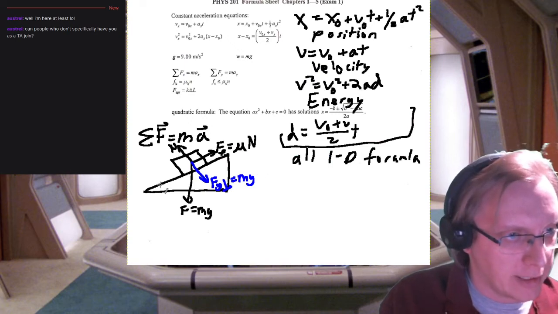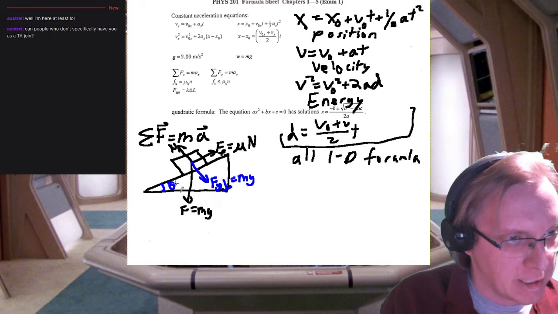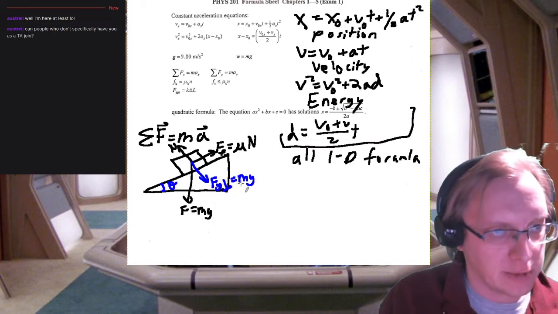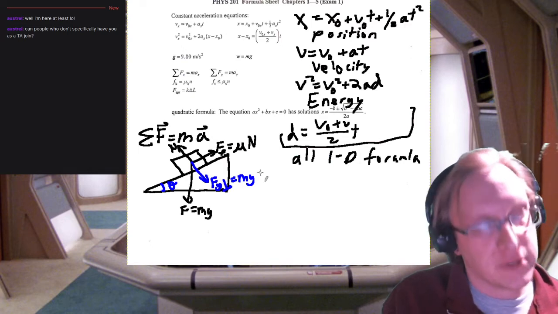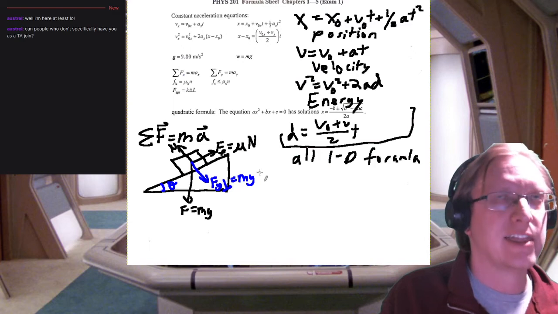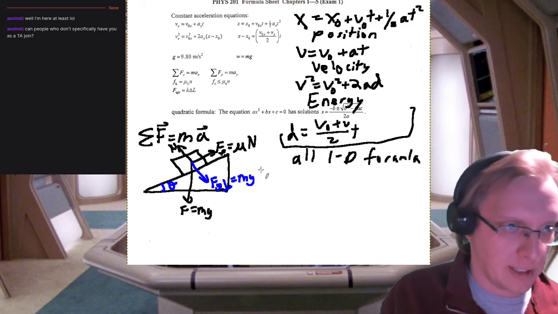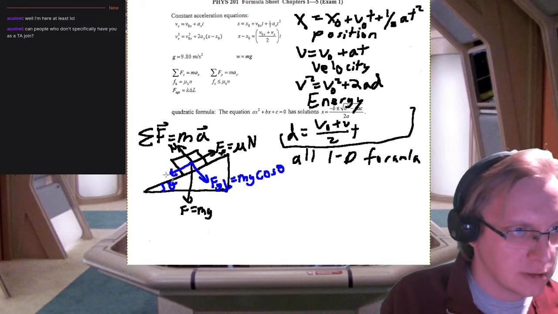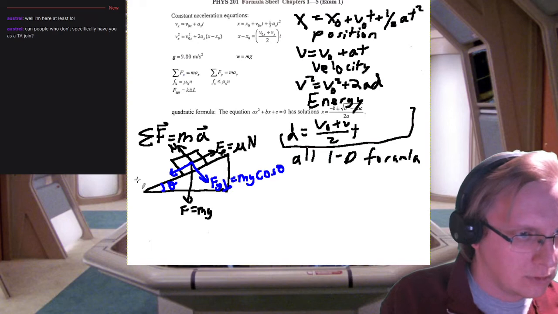When theta is 0, I need my force gravity perpendicular to be equal to mg, so the trig function which gives me 1 when theta is equal to 0 is cosine. So cosine theta goes here.